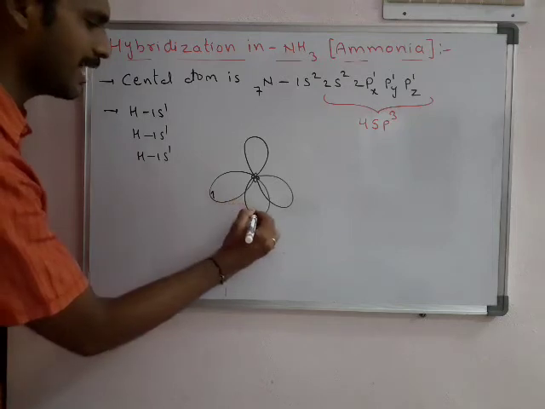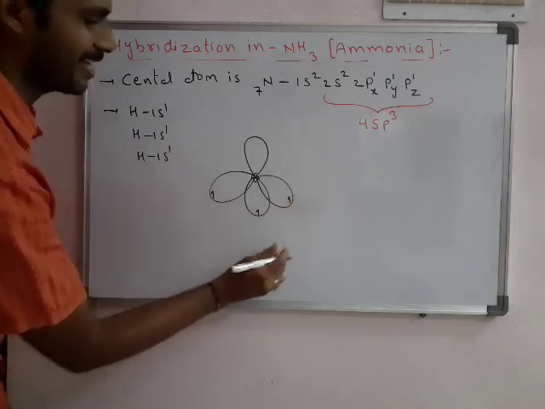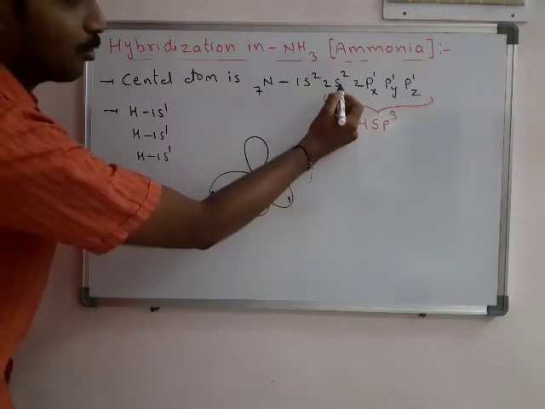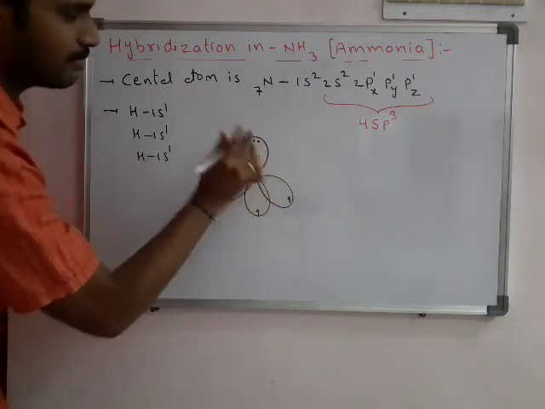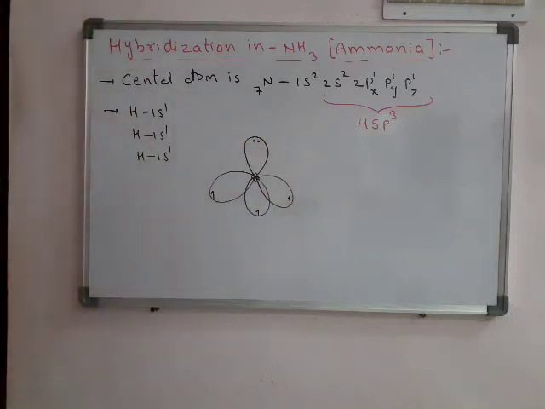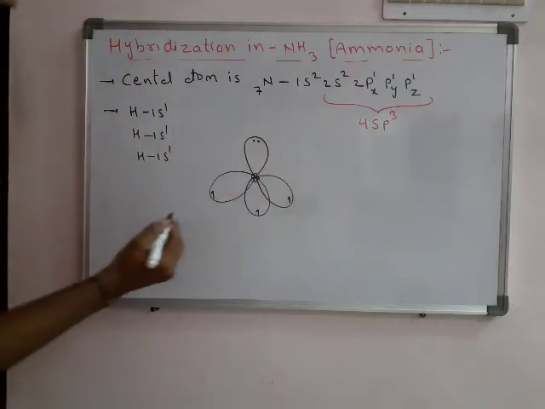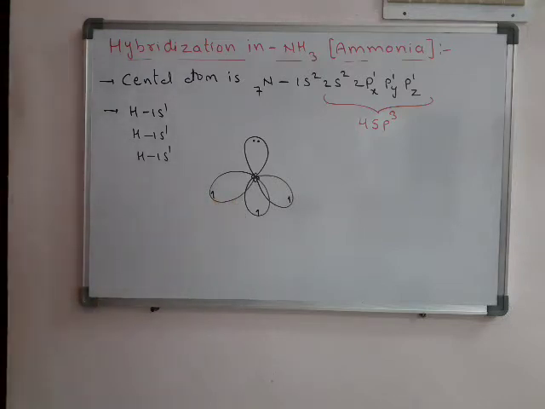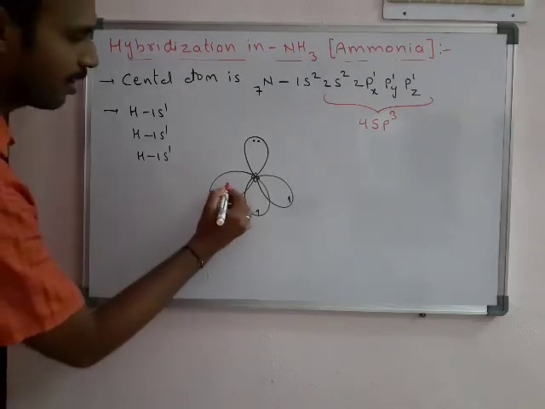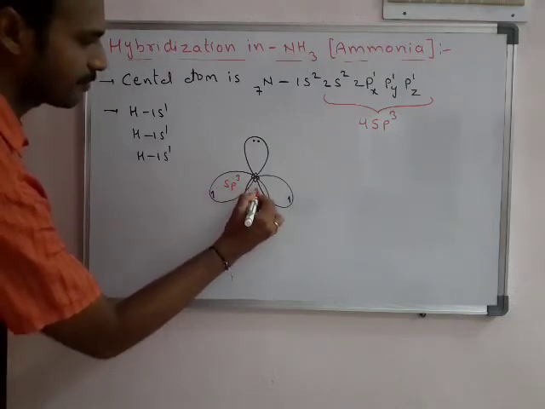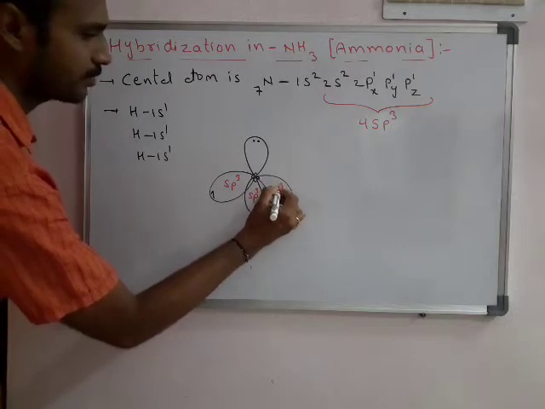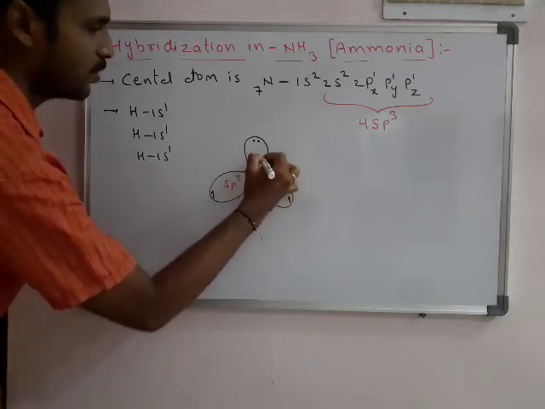Do all contain unpaired electrons or not? Only 3 contain unpaired electrons. The one contains a pair of electrons. Now how many are ready for bond formation? These 3 sp3 orbitals are ready for bond formation. This is sp3, sp3, and this is also sp3.